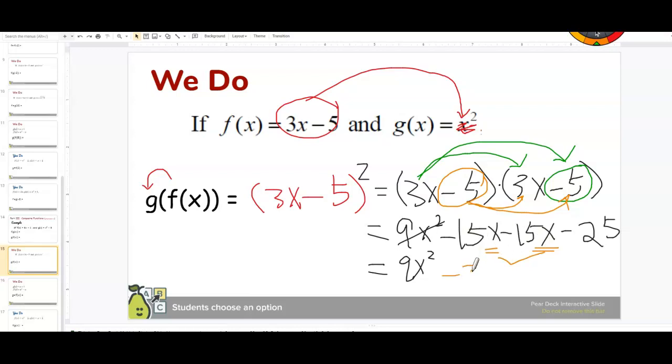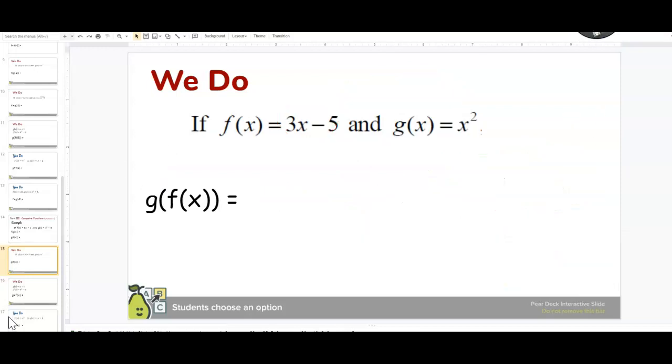It's negative 30x. And finally, you have, after combining them, they're gone. Okay? Finally, you have a single number, nothing you can do. So copy it down. And that's it. Okay. Next one.